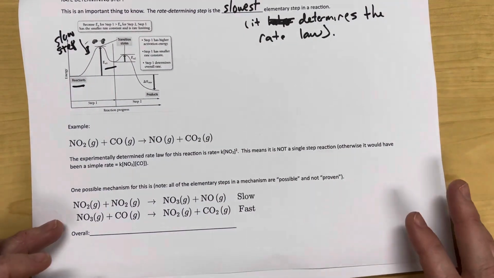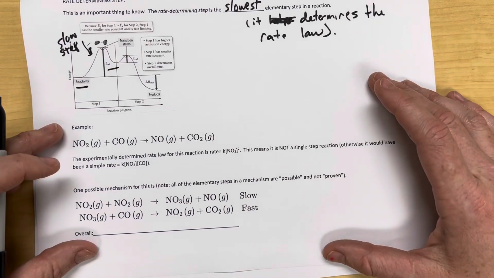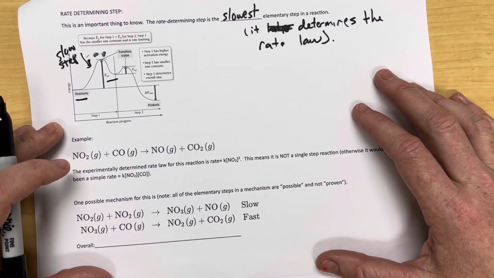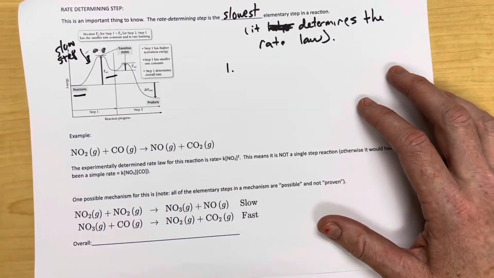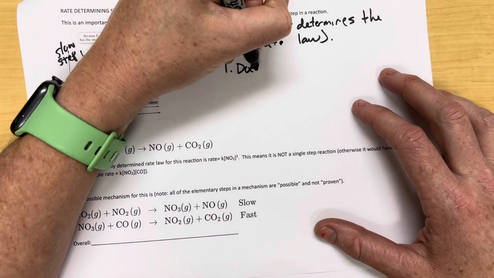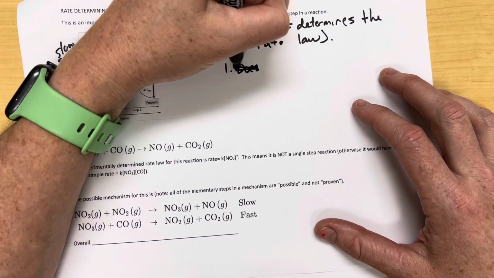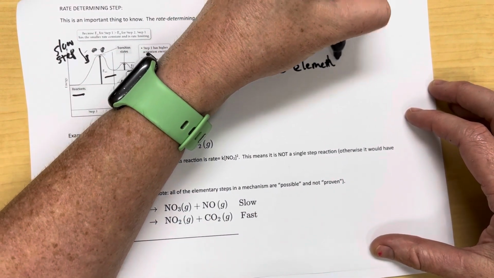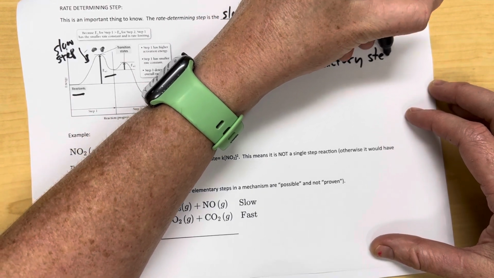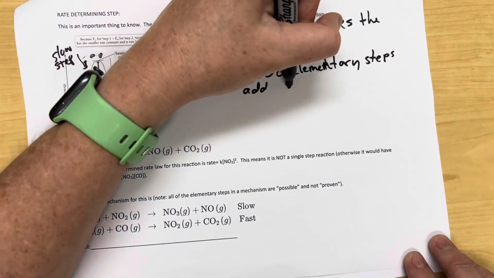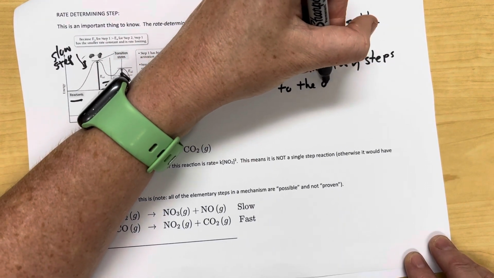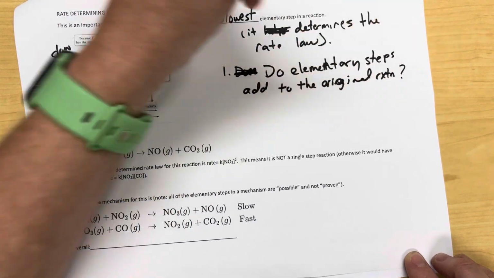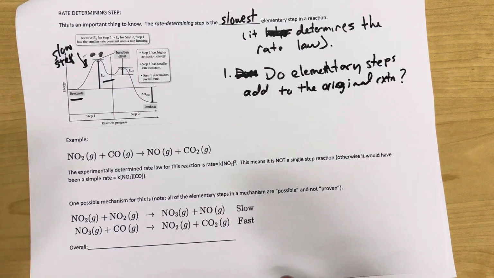But here's what I mean by it determines the rate law. There are two things we're going to look at right now. The first thing we want to look at is: do the elementary steps add to the original reaction? So we're going to add them up and see if they get the overall reaction.